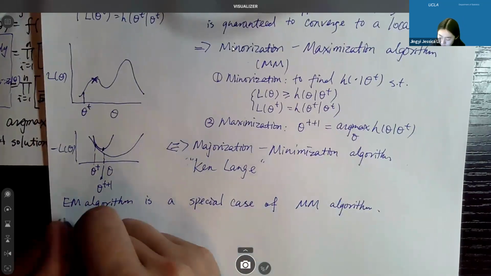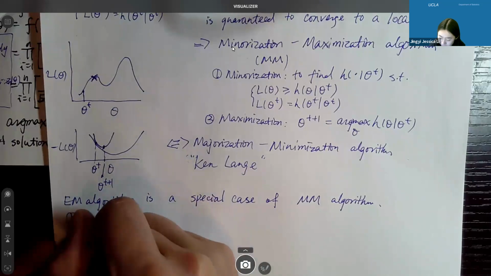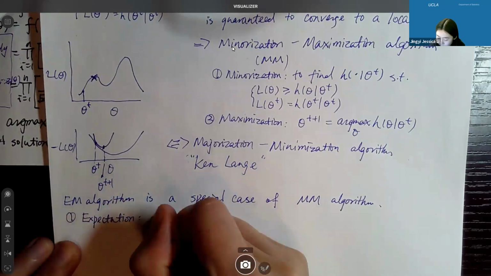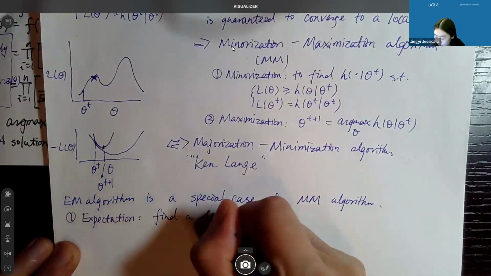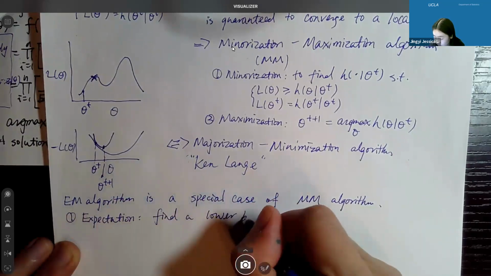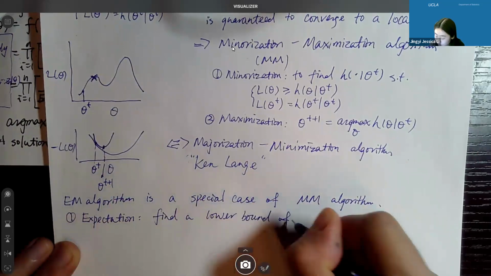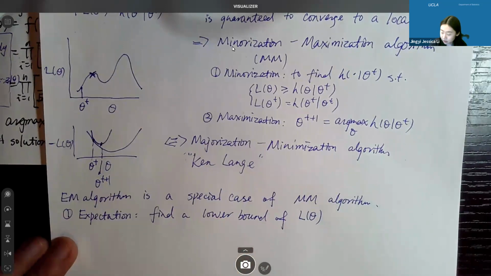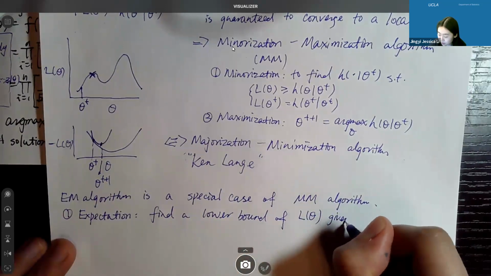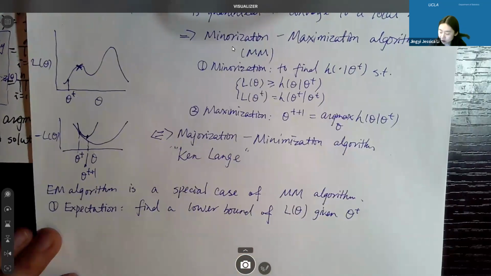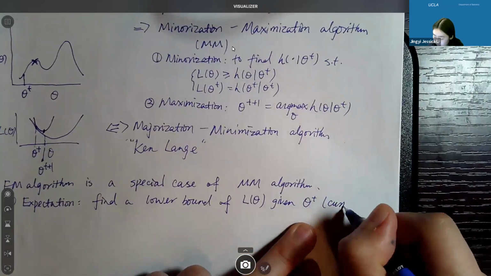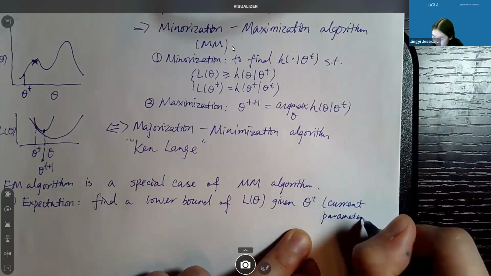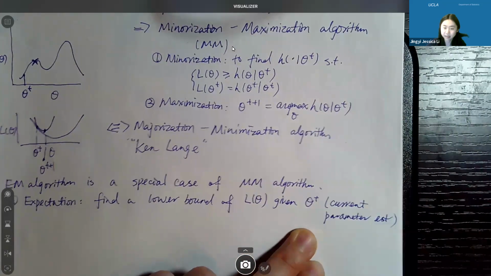In other words, the expectation step is to find a lower bound of L theta, our likelihood function, given theta t, which is our current parameter estimate.